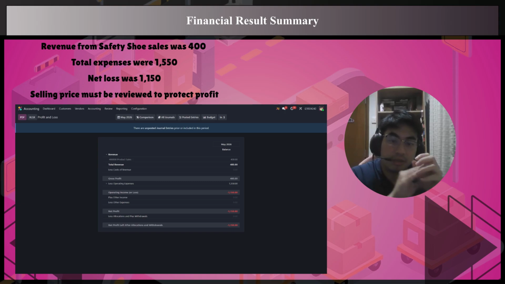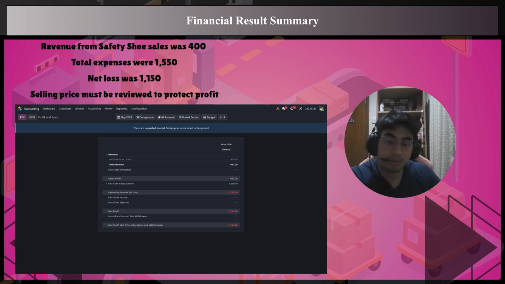So this slide shows the financial result from the profit and loss report. The revenue from the safety shoe sales was 400, while total expenses were 1,550. Because of this, the company recorded a net loss of 1,150.